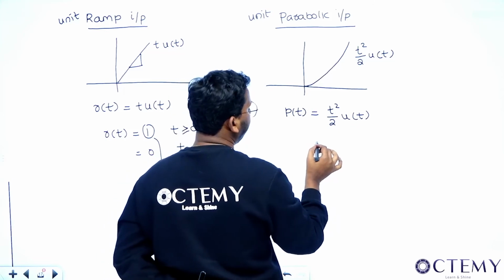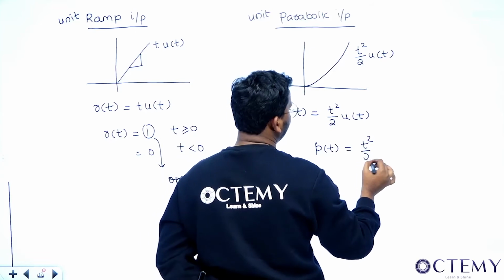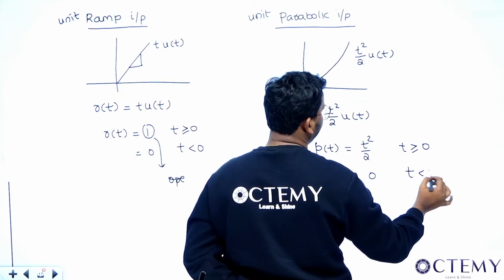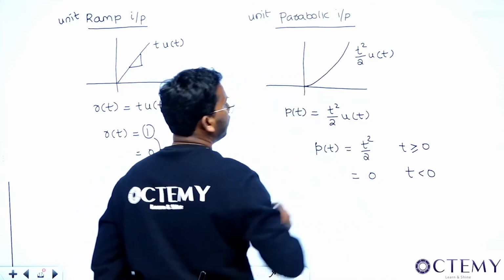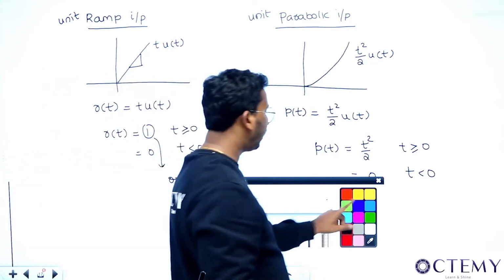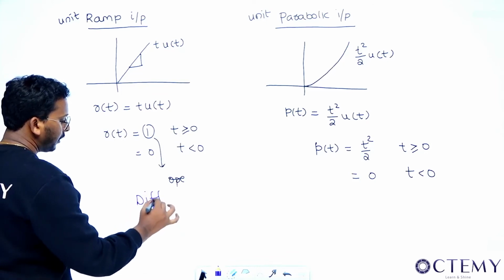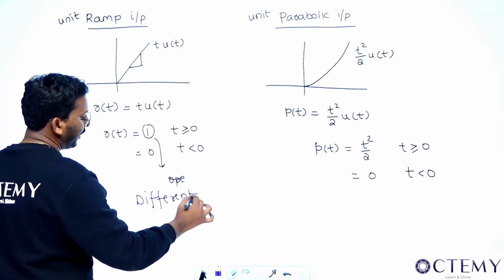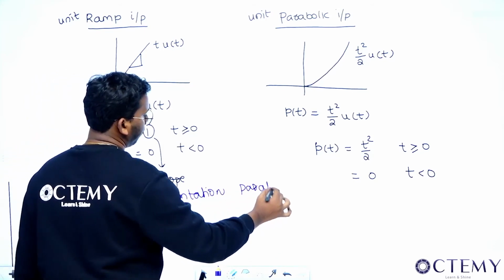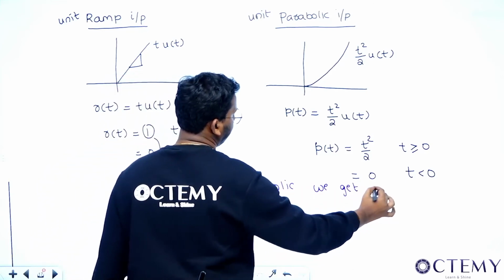and that will be p(t) equal to what, sir? That will be equal to t square by 2 for t greater than or equal to 0, and 0 for t less than 0. Right? Now what is this? The differentiation of t square by 2 is t. Now if you see, I can write that differentiating parabolic, we get ramp.